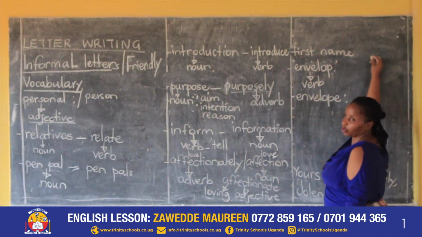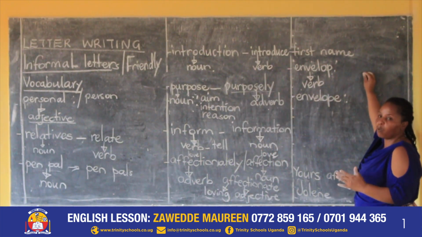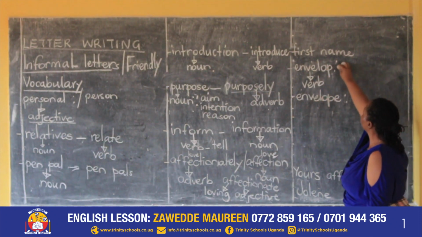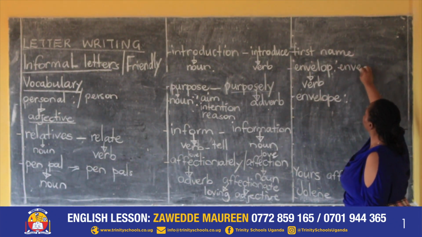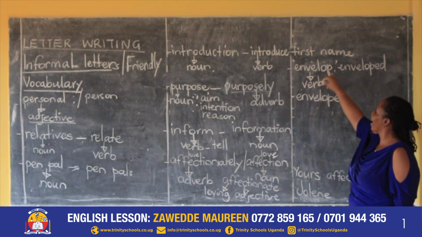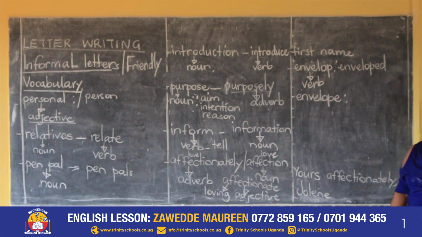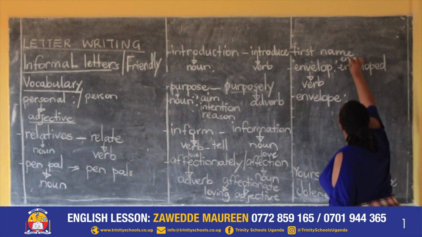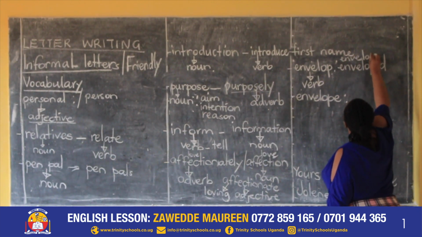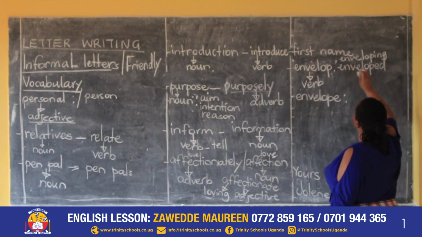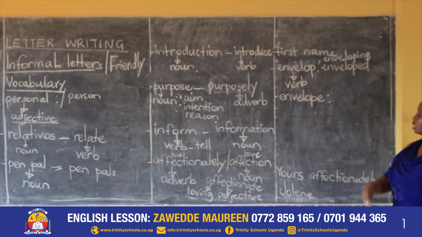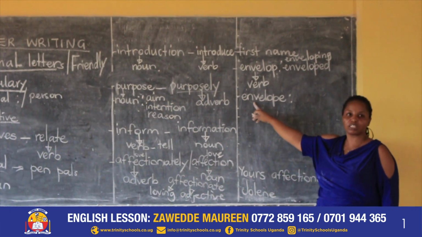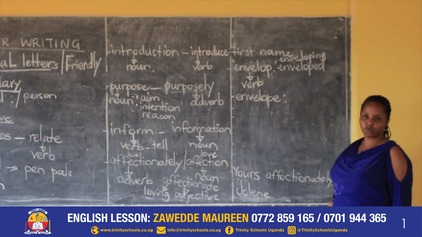So when I want to make the verb into past, that is when letter E will come and I say, I have enveloped the letter already. I'm going to, he is enveloping the letter. She's fixing it, she's putting it into a thin paper container called an envelope.